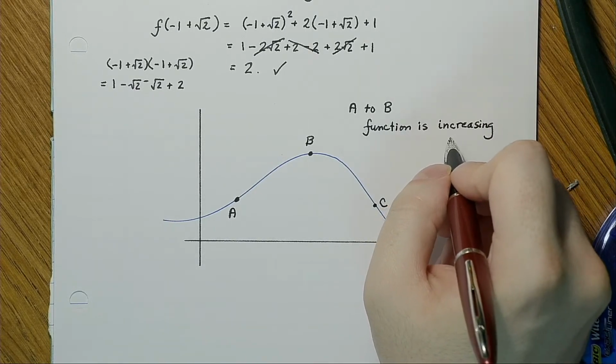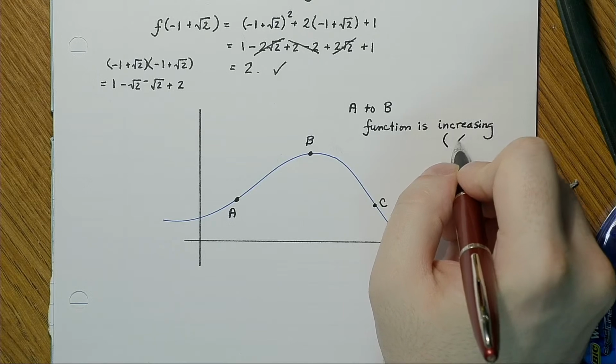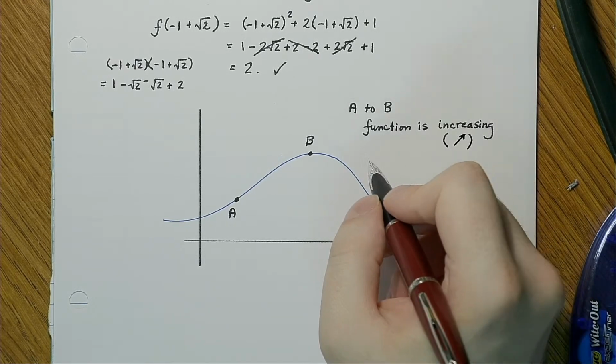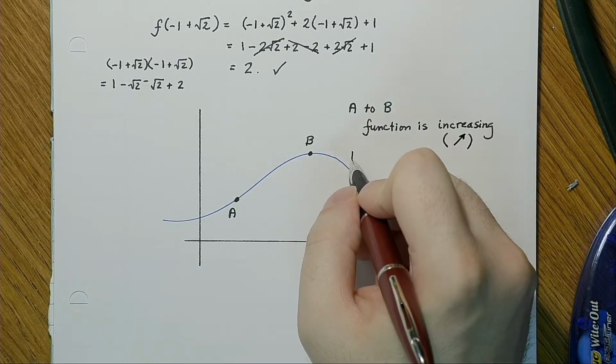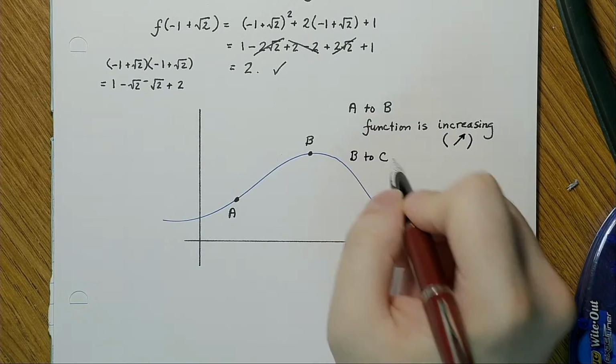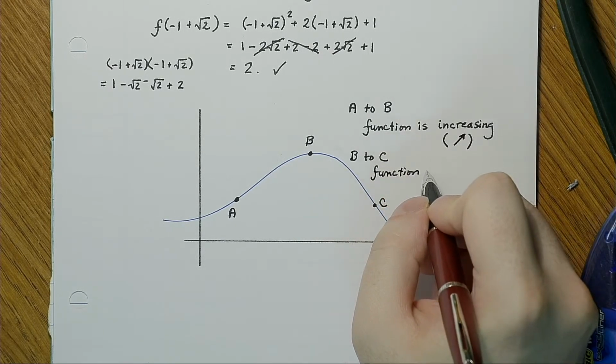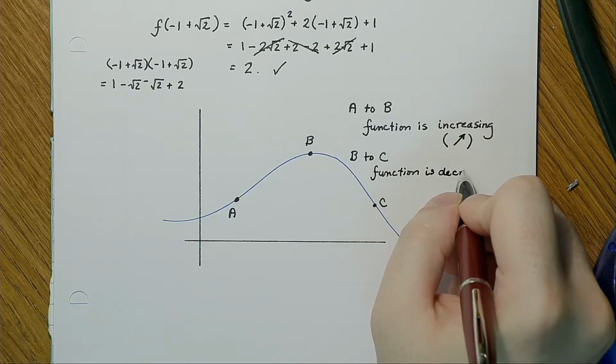In some books, you may see something like an arrow pointing like that. And then we'll also say that from B to C, this function is decreasing.